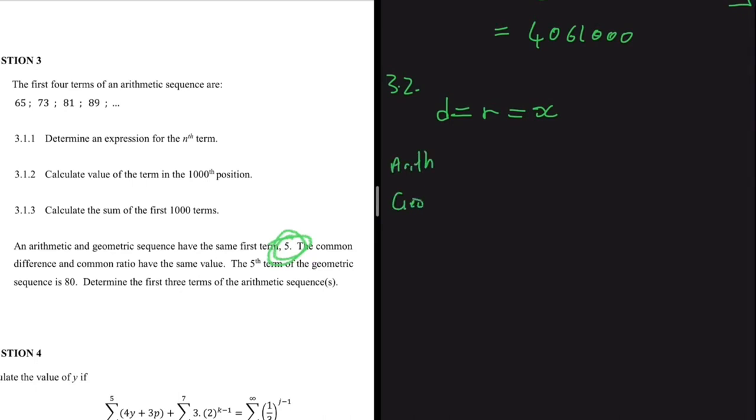And then okay, let's have the arithmetic and the geometric. So for the arithmetic, we're going to have 5 as the first term, right? And then the second term will be 5 plus the common difference. And then the third term will be 5 plus 2x, and then 5 plus 3x, and so on, right? And then for the geometric series, the first term is 5.